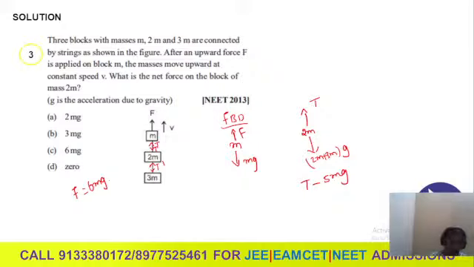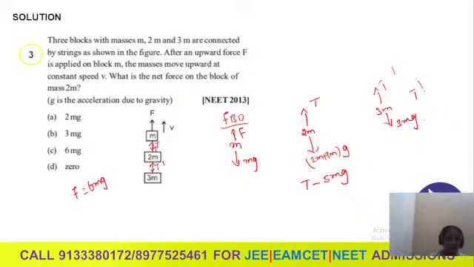And we can write that tension is equal to 5 mg. The T value will be equal to 5 mg, because for the 3m mass, let us take T dash and downward 3 mg.